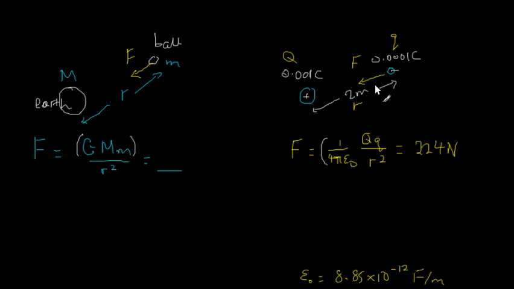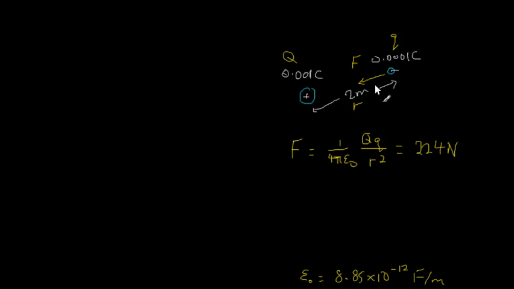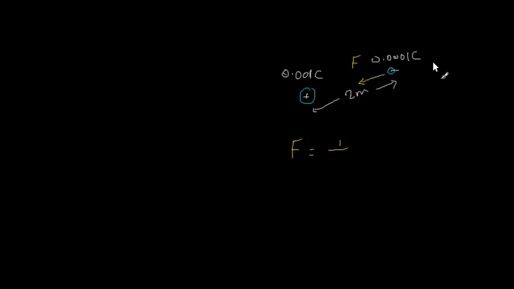So first, I'm going to suppose that there is a charged object starting from a bit further. Let's say this charged object of 0.0001 coulomb was initially here.